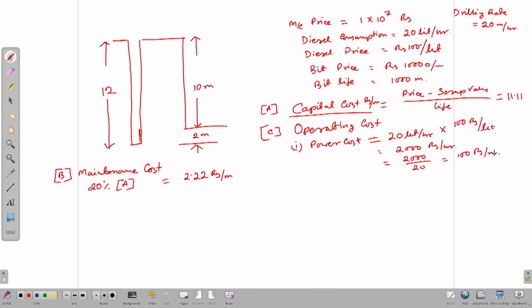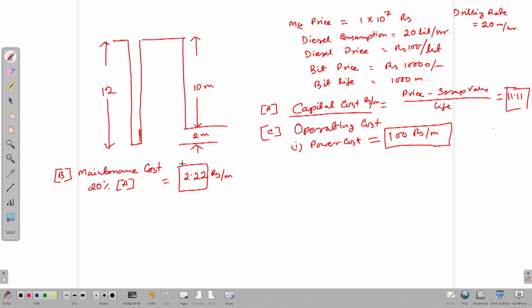Now, let us place it in a systematic way. So, the power cost is coming 100 rupees per meter. Okay. So, the next head is drill bit cost.